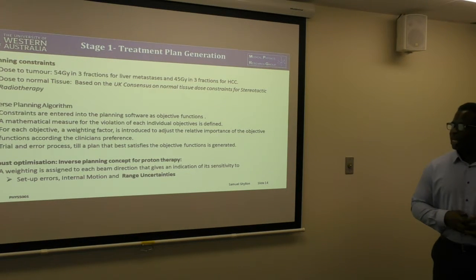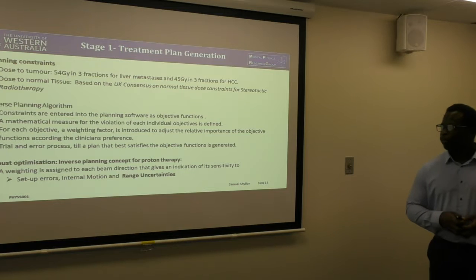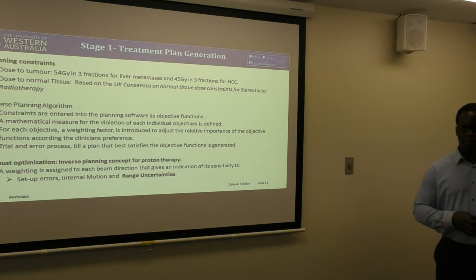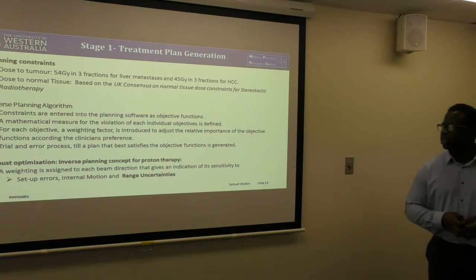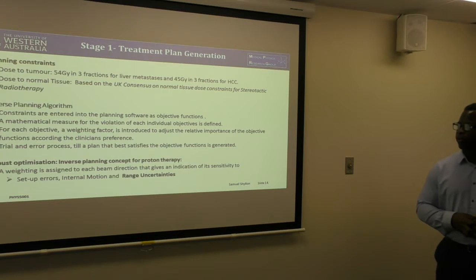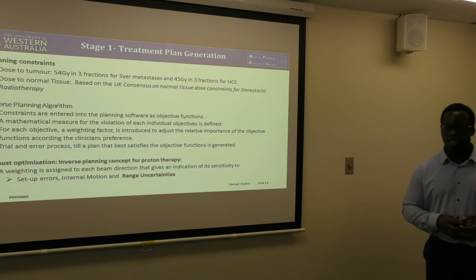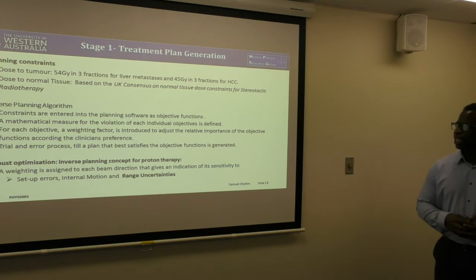The constraints will be entered into the planning software as objective functions, and a mathematical measure of the violation of each objective is defined by the software. For each objective, a weighting factor is introduced to adjust the relative importance of the objective functions according to the clinician's preference. A trial and error process is then initiated till a plan that best satisfies the objective functions is generated.